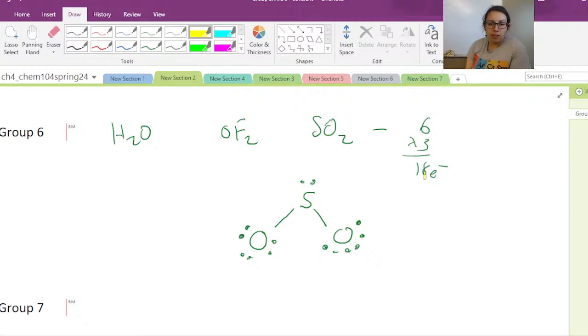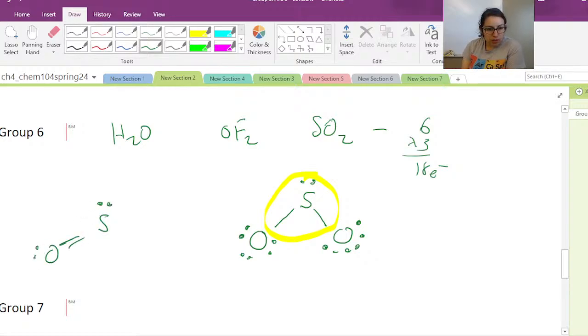In this case, no, we have 6 electrons. So then the question is, maybe let's make 1 double bond and see what happens. Because again, there could be more than one right answer, and we'll get into that, there are resonance structures. So I just moved 2 of these electrons over into a bond now.